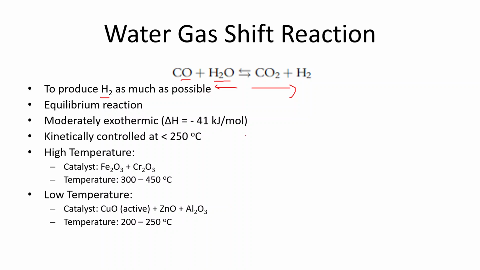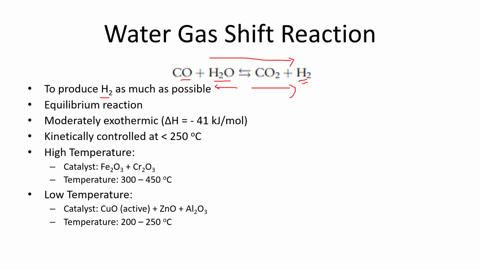And then according to the research, at lower temperature the reaction is not fast enough, so you need to speed up the reaction by increasing the temperature, from the Arrhenius constant. So below 250 degrees C, if you increase the temperature, you will produce a lot more hydrogen, so the reaction will go to the right.